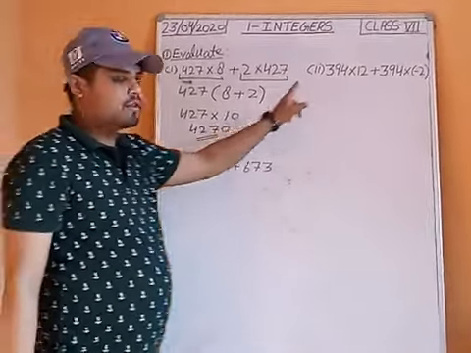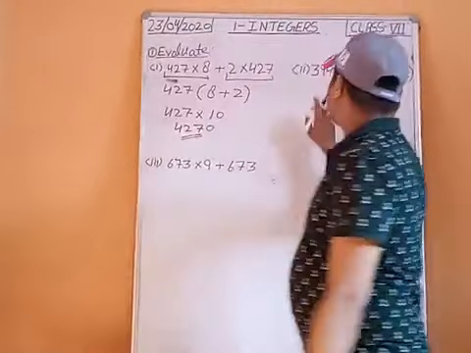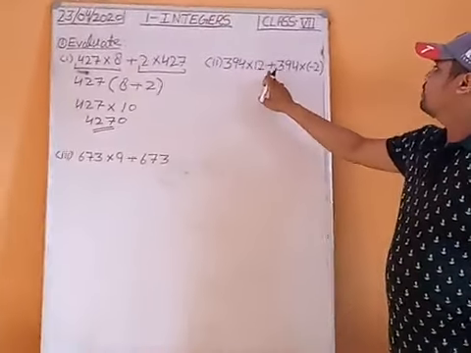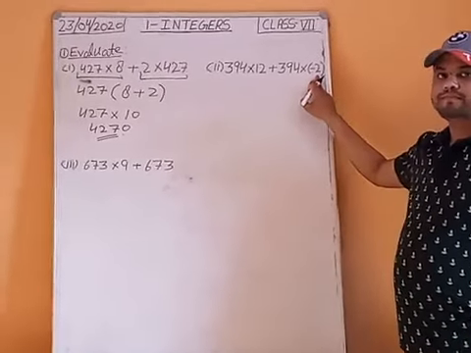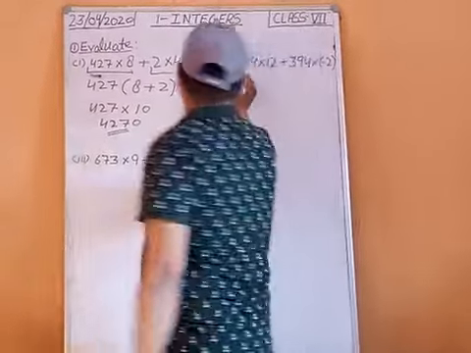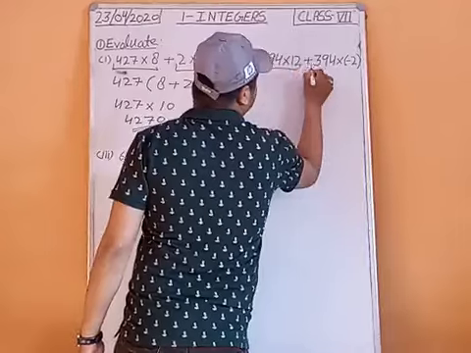Now move on to the second part. See, 394 multiply 12 plus 394 multiply inside the bracket minus 2. So what is common? 394 is common between both.